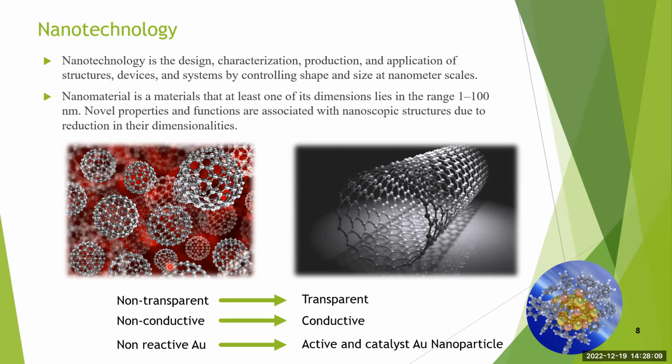It's also because a lot of properties differ when we change from macro scales to nano scales. For example, gold in macro scale is non-reactive, so it's used as jewelry. But when we are talking about gold nanoparticles, it becomes completely active, and it can even accelerate a reaction and be a catalyst.